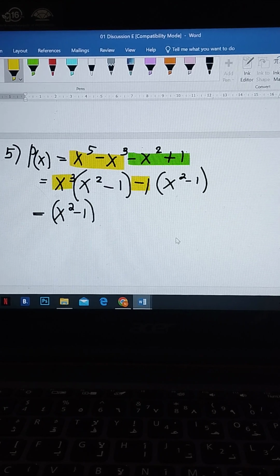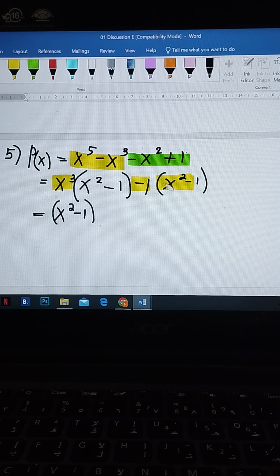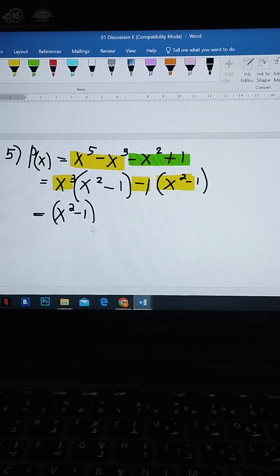So x squared minus 1 is factored out, and the remaining factor is x cubed minus 1.